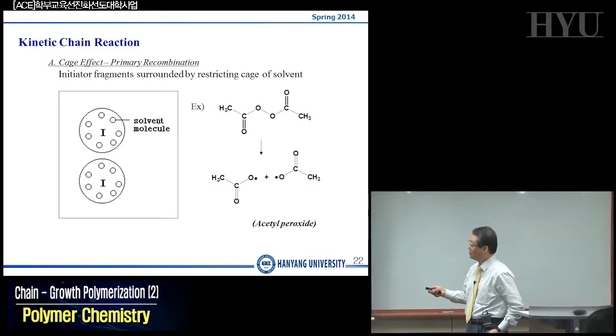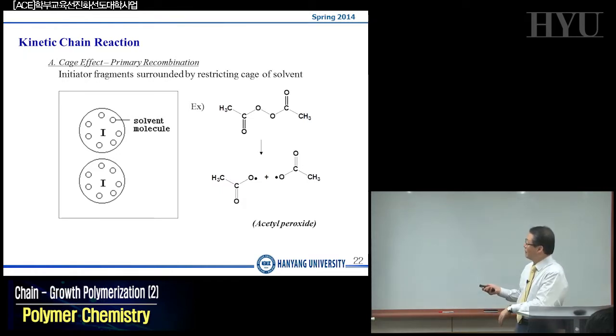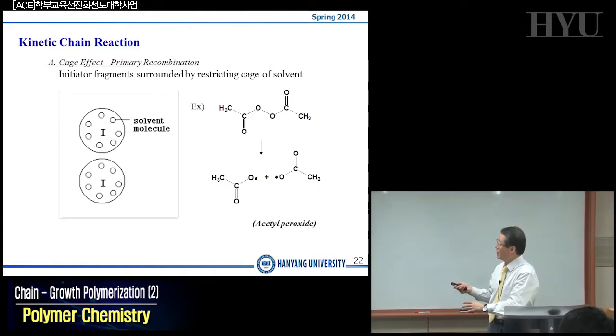And although the initiator forms the I dot, if the I dot is surrounded by the solvent molecules, there is no chance to meet the monomer, so that I dot will lose its activity, and could chain transfer to the solvent molecules, and you lose your initiator efficiency. And that's one of the reasons, which is called the cage effect, and it's called the primary recombination.